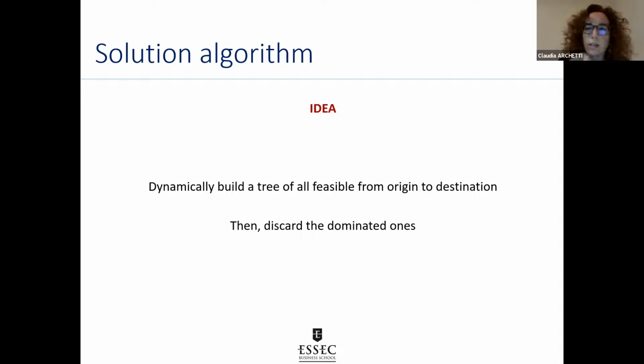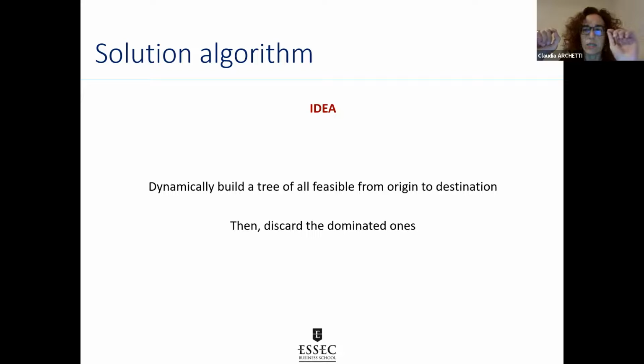Okay, what was the main idea behind the algorithm that we devised? Given the issue associated with the huge dimension of the problem, our idea was to build the path dynamically. So we have our origin destination pair.